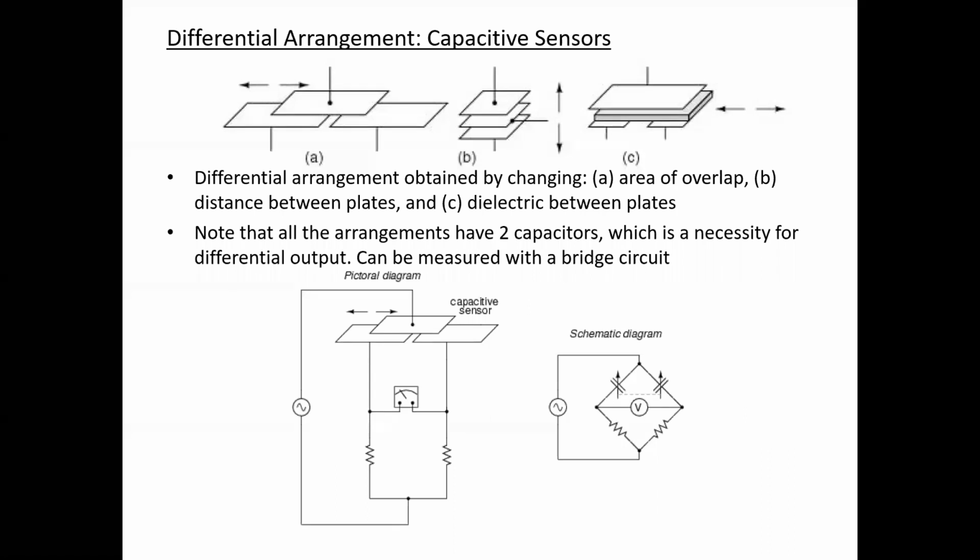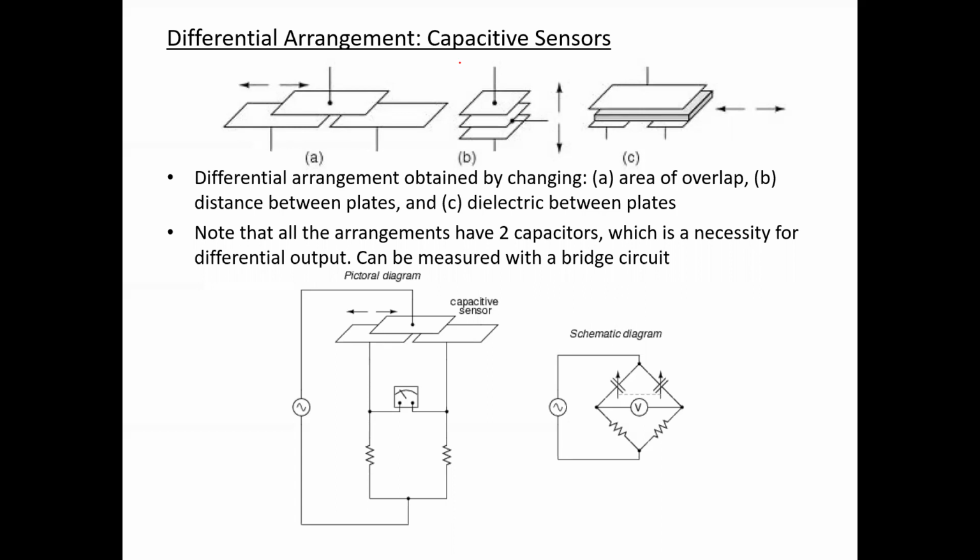Here, I'm going to discuss the differential arrangements that can be formed in the case of capacitive transducers, like in the case of LVDT or RVDT, the linear variable differential transformer or rotary variable differential transformer, which were discussed in the previous class, which were inductive type differential transducers.